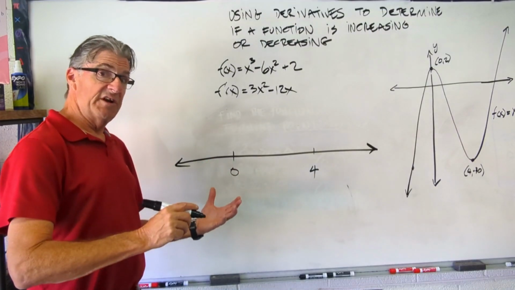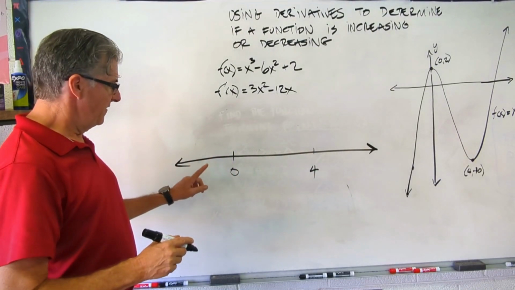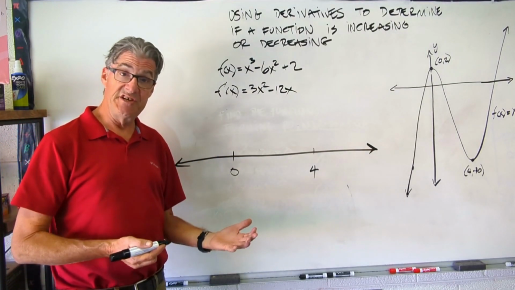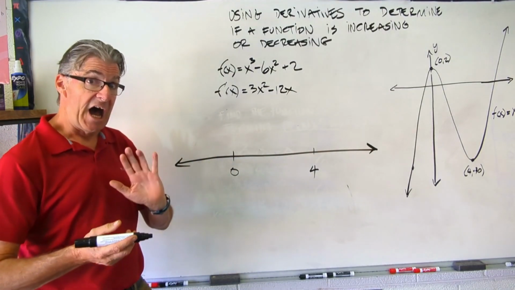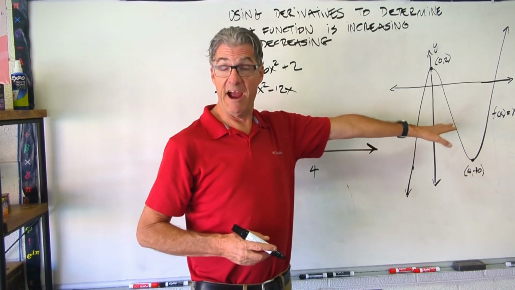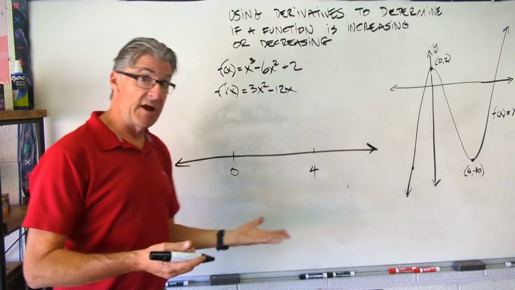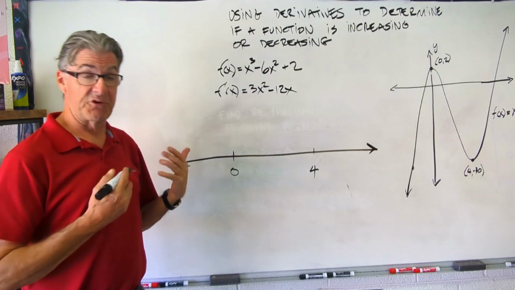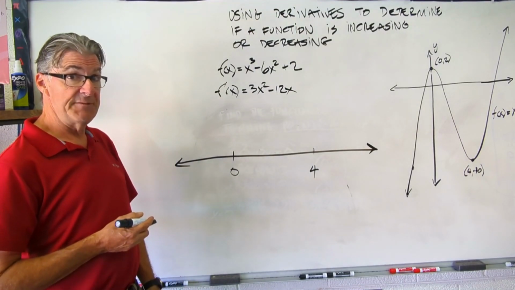Okay, now we're going to use what we've learned with this kind of a diagram to indicate whether the function is increasing or decreasing. I short-circuited the whole process by just showing you the graph at first. And if you have your graphing calculator handy and you're on that portion of a test or a quiz, by all means, graph it. But sometimes you're not going to be given that.